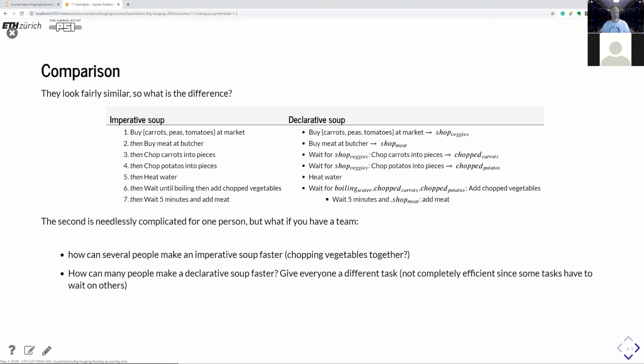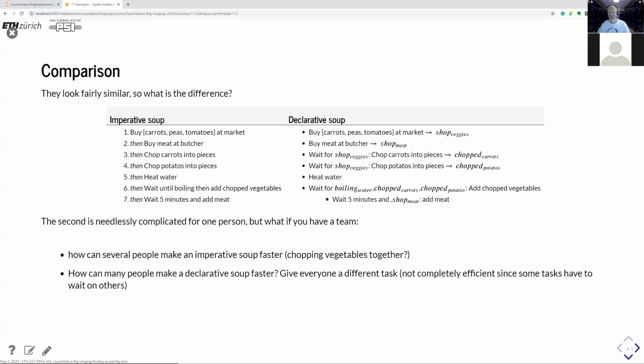This is just a table showing the two ways in parallel to each other. If you have one person, the second approach, the declarative, is unnecessarily complicated. I mean, you could possibly do the imperative in a better way, but anyway, for one person, the imperative is probably better than declarative.